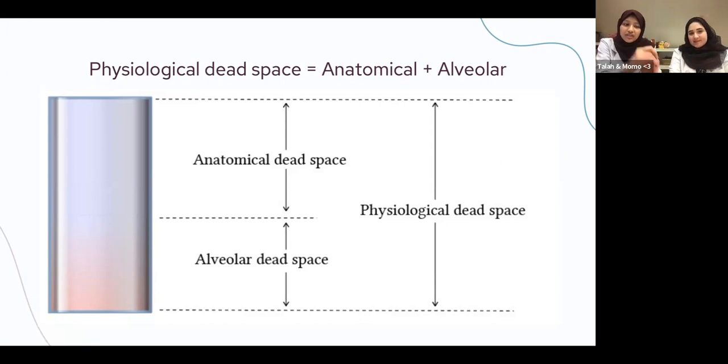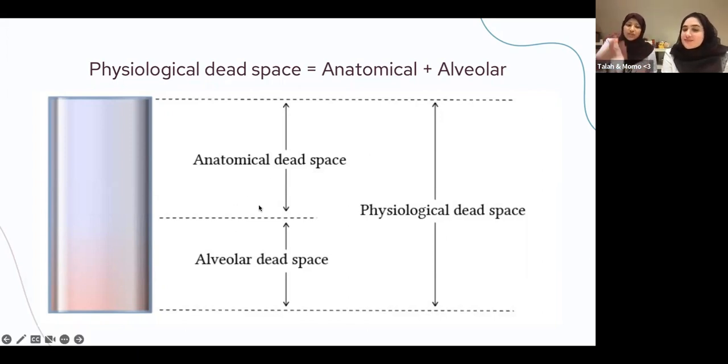The air in the trachea and the bronchioles doesn't take part in gas exchange, so it's termed dead space. It's anatomical dead space because the reason there's no gas exchange is their anatomy. It's not alveoli yet, so it's not thin enough for the gases to diffuse.